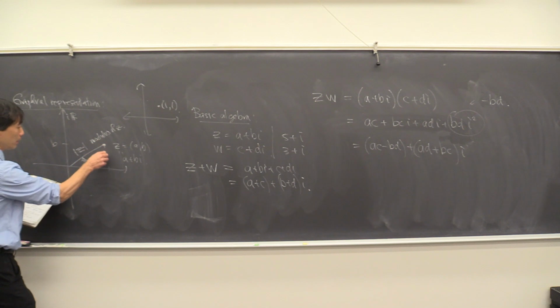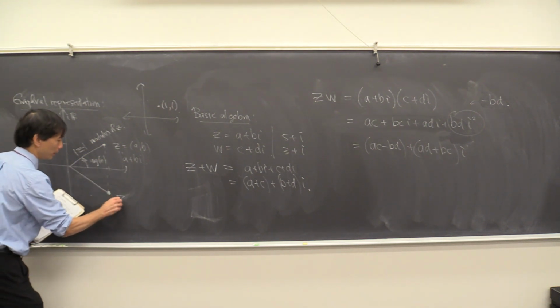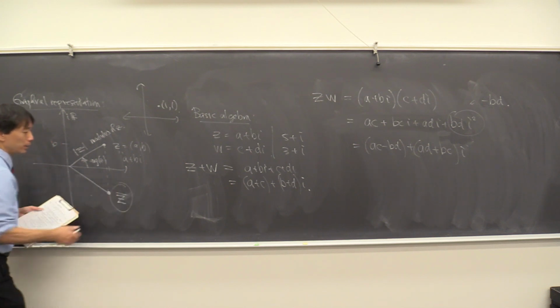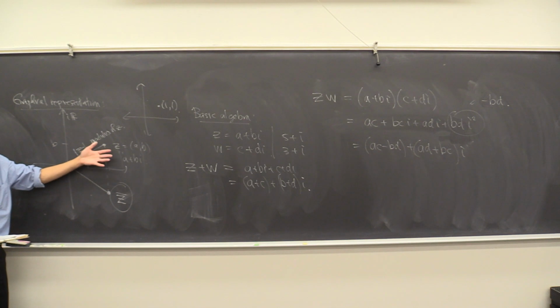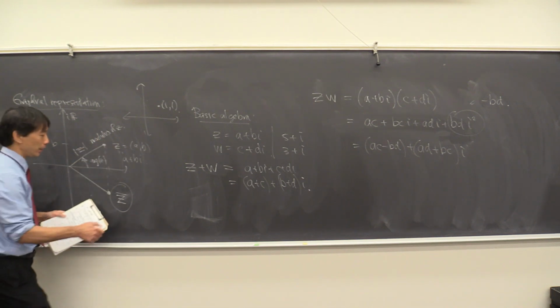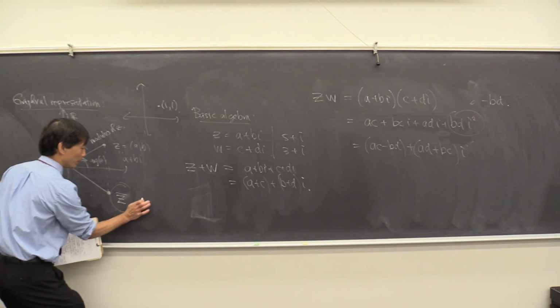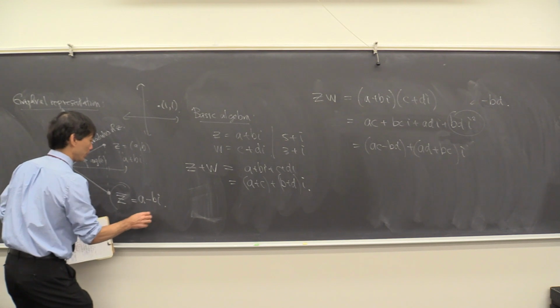Let me introduce something we use to denote the reflection of Z. So if this is Z, then we reflect it across the real axis, and we get this guy here, Z bar. So this is A minus BI. Okay.